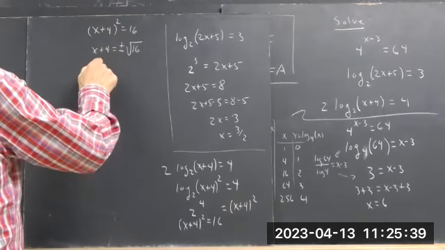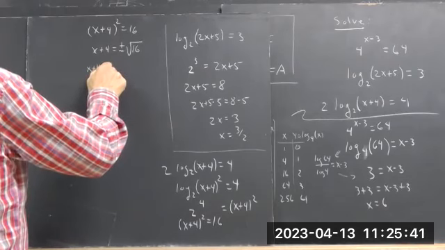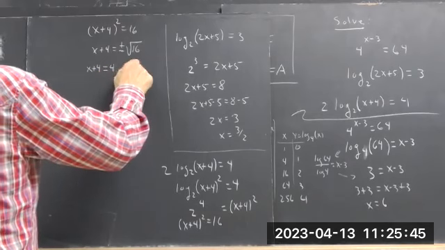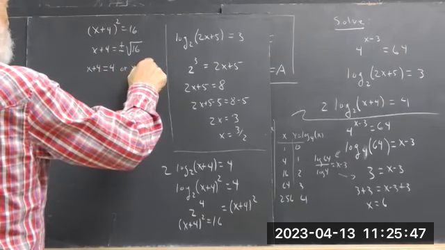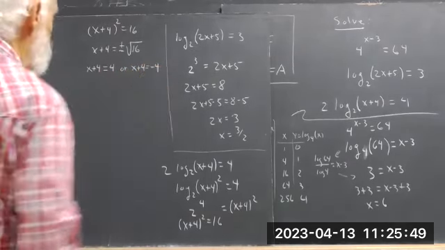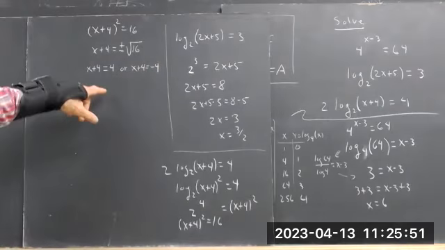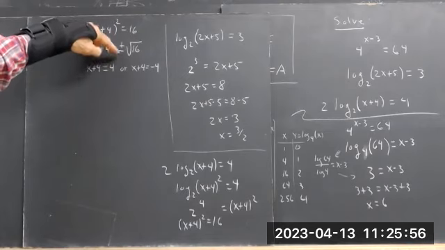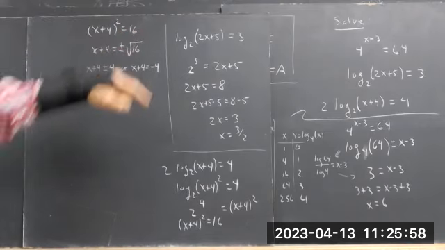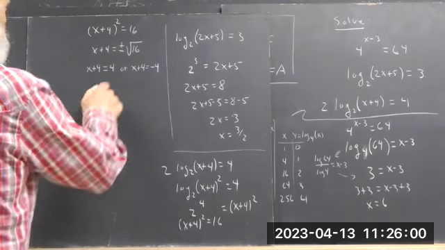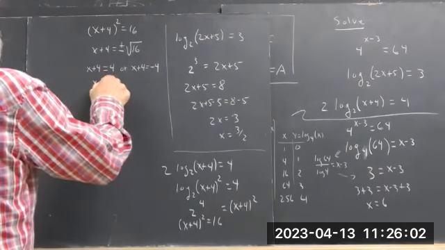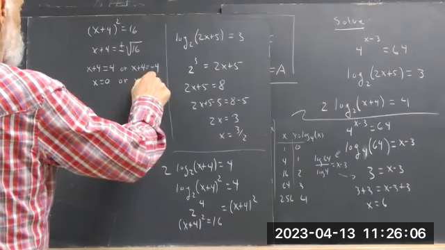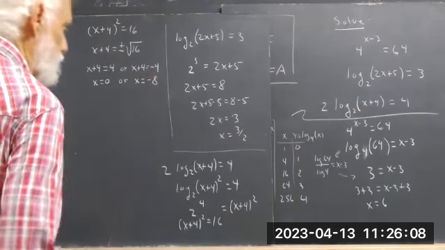So x plus 4 would either equal the positive square root of 16, 4, or the negative square root of 16, which is negative 4. The solution here is x equals 0. The solution here is x equals negative 8.